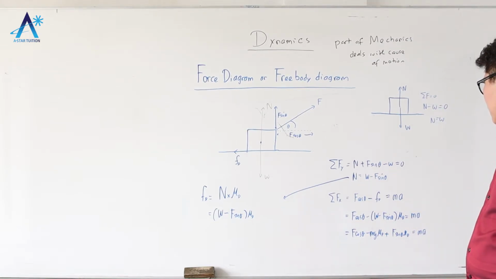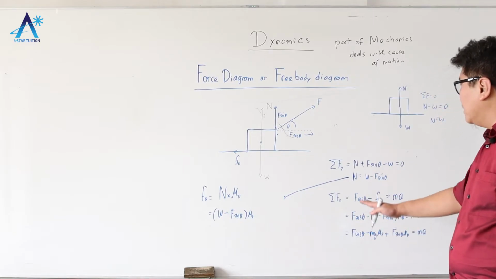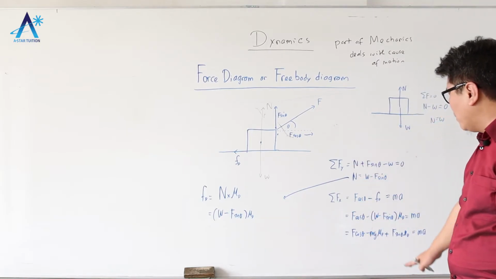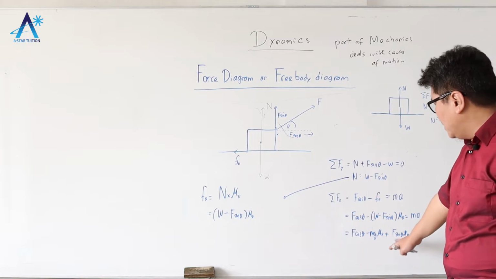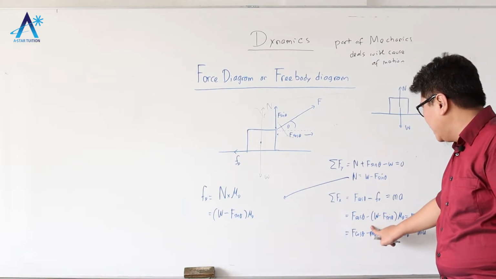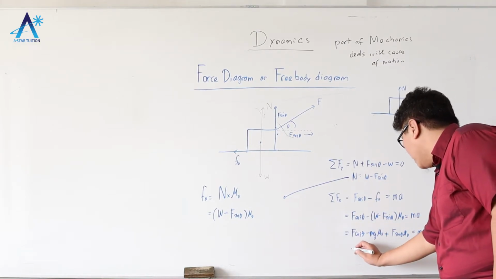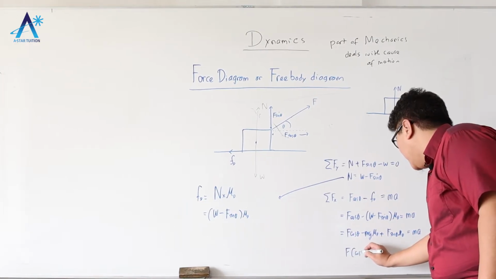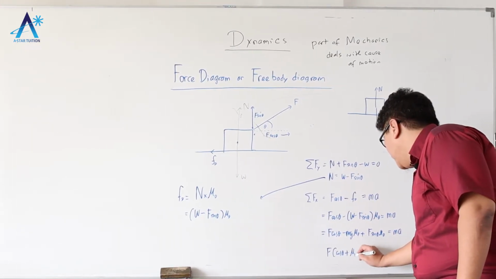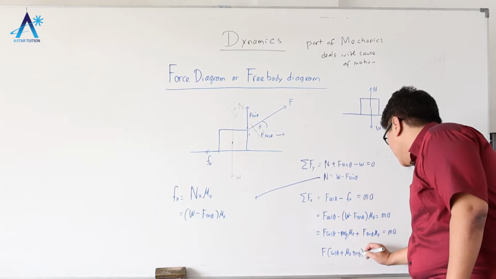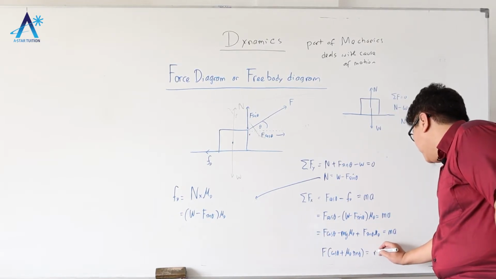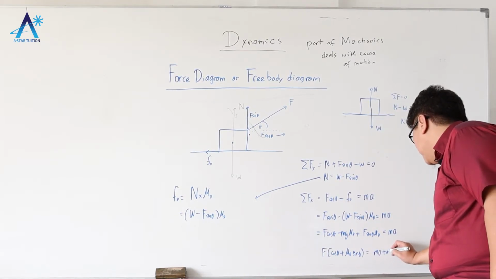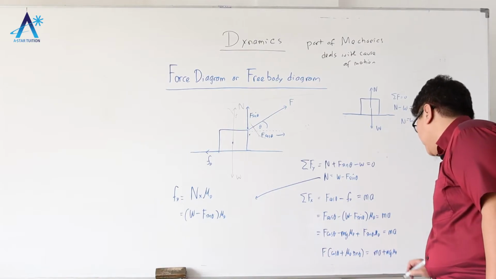Now if you want to calculate the pulling force, what we need to do is isolate F, make F the subject. So F times cos theta plus mu d sine theta is equal to ma plus mg times mu d.